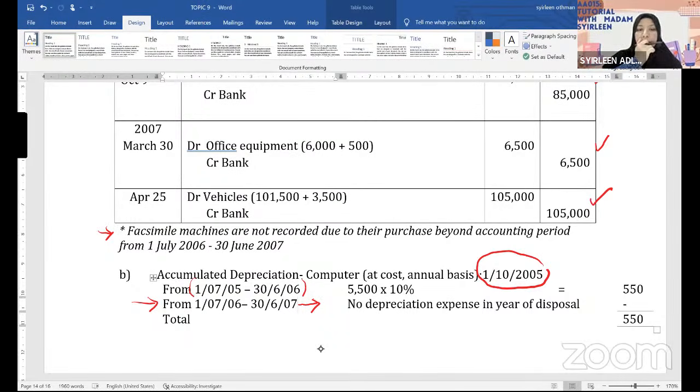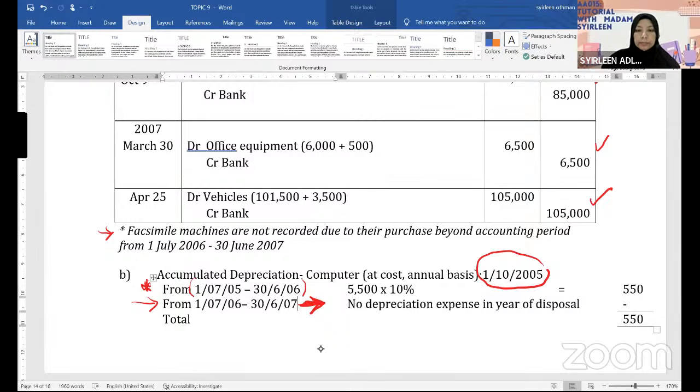2006. So accumulated depreciation untuk aset ni hanya pernah buat sekali saja, which is here. Sini saja ada accumulated depreciation. Here tak ada accumulated depreciation sebab this is considered disposal year, tahun komputer tu hilang. So my accumulated depreciation for the computer, harga dia 5,500 sebab kita guna annual basis and kita guna straight line, so it's easier for you to calculate.